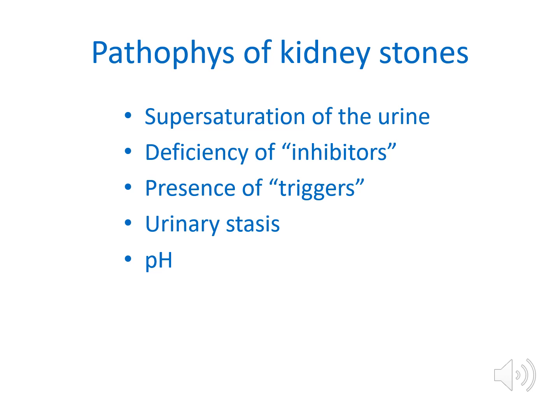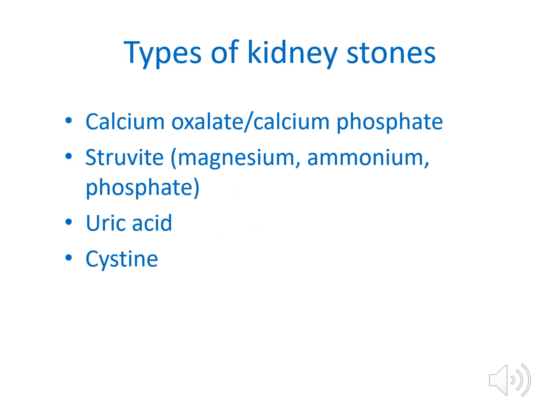As you've probably gathered by now, there are several different kinds of kidney stones, with calcium being by far the most common. There are calcium oxalate and calcium phosphate stones, although I believe the calcium oxalate stones are the more common.